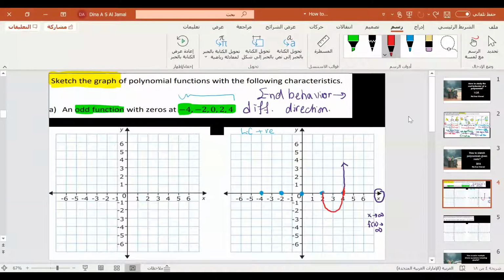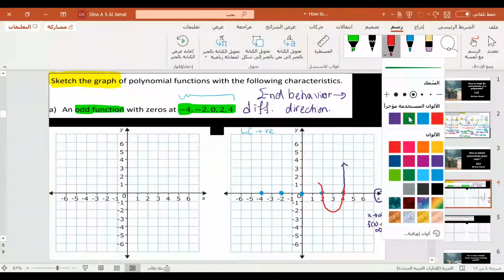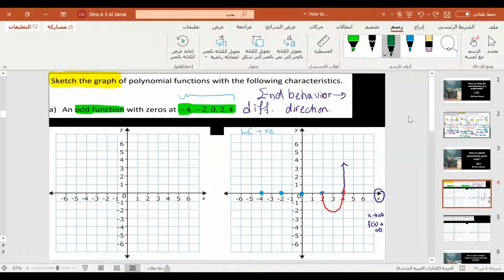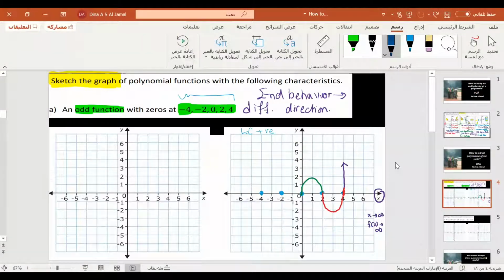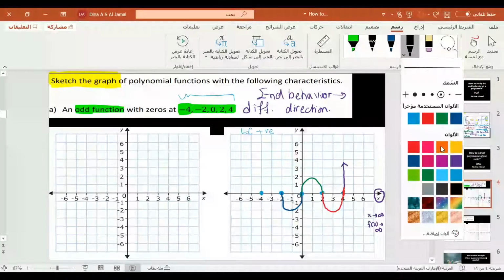So let me change the color here. Then it hits the 0 and changes the behavior. It will go down until it cuts -2. Let's just be convenient with the level of graphing. Of course, in your notebook it will be accurate, but it's all about a sketch, so don't worry about the accuracy.